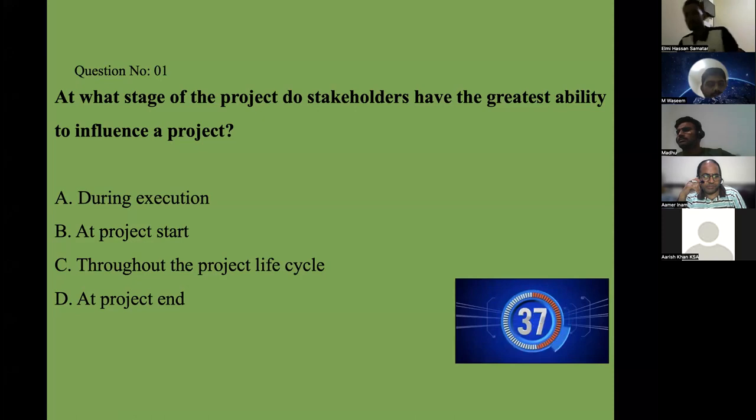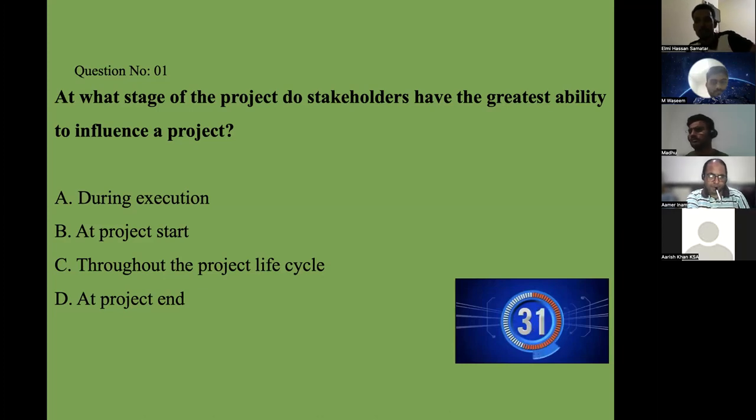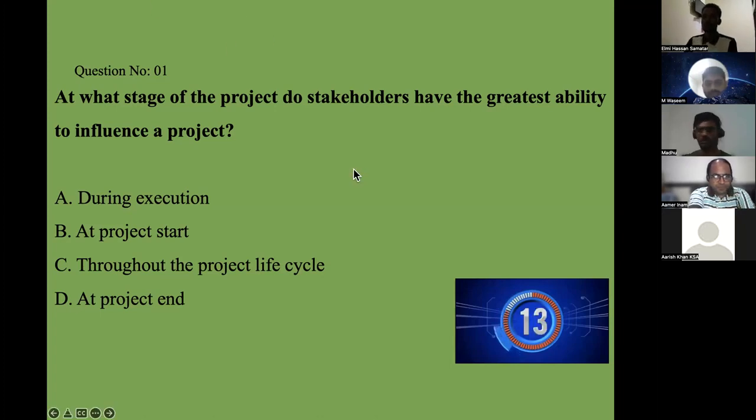According to me, I think it's B, at the start of the project. Why? Because stakeholders are responsible for involvement in project planning and decisions. That's why I think stakeholders have the ability to influence a project at the time of project start.